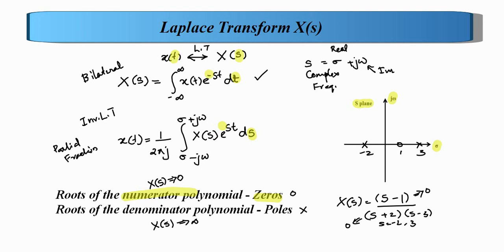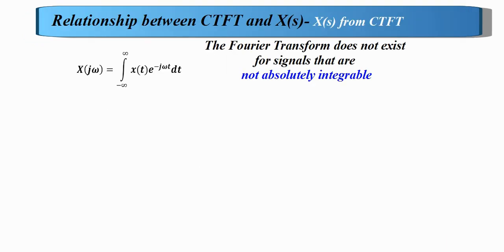This is the basic equation, and now we will move to the next section, the relationship between CTFT and X of s, or how we can calculate X of s from the CTFT. This is the continuous time Fourier transform, which we already studied.